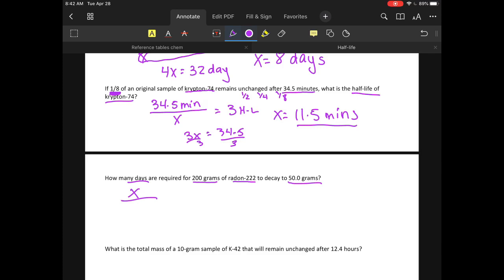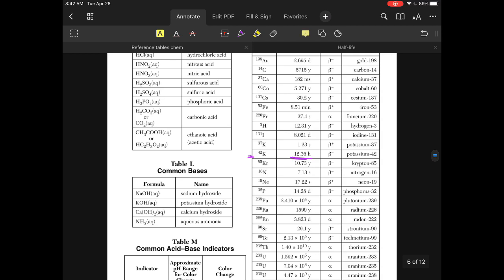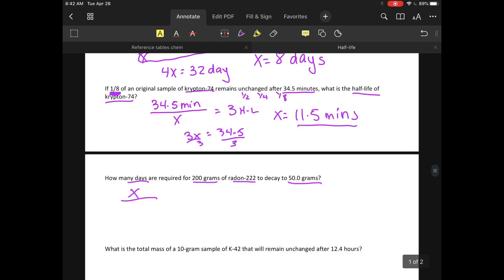So I'm going to go to my reference table, and I'm going to look up radon-222. It has a half-life of 3.823 days. I'm just going to say 3.8 days. So its half-life is 3.8 days.